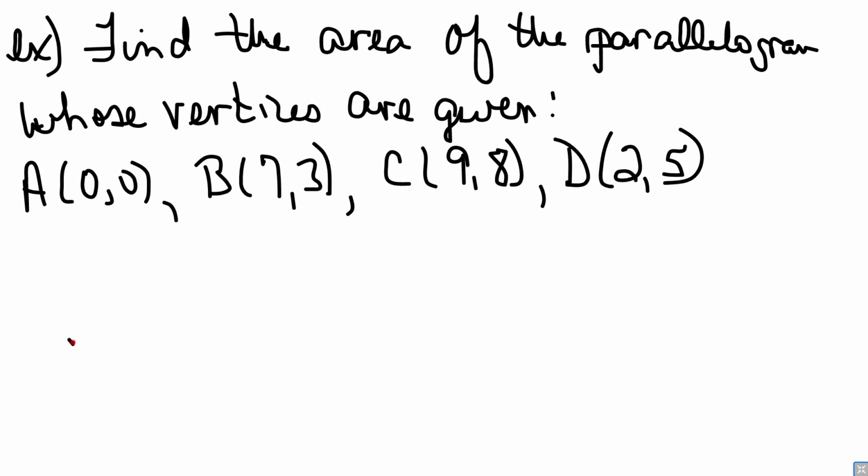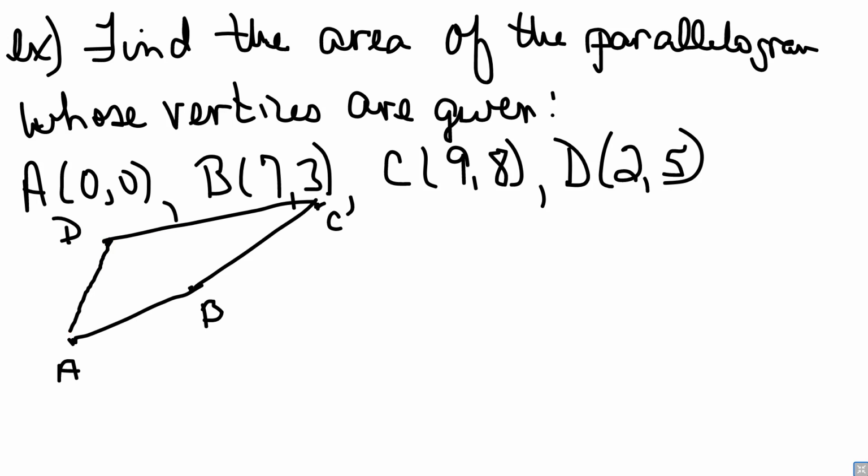So you've got 0, 0, you've got 7, 3, you've got 9, 8, which is going to be probably somewhere up here. And then you've got 2, 5, somewhere right here. So here's A, here's B, here's C, here's D. So you have kind of a rough looking sketch of what this parallelogram will look like.